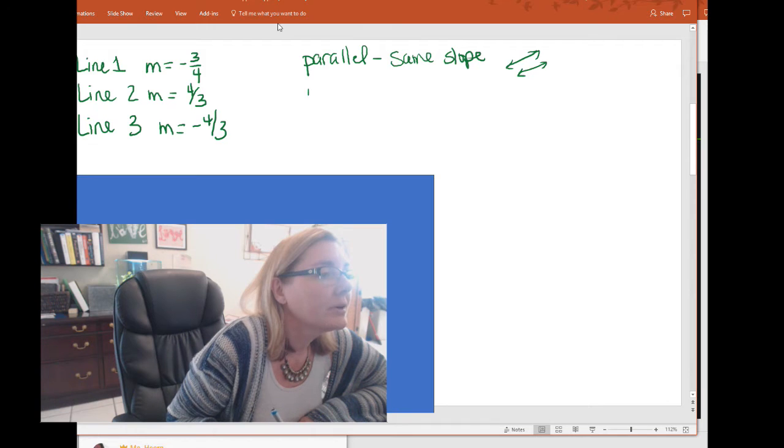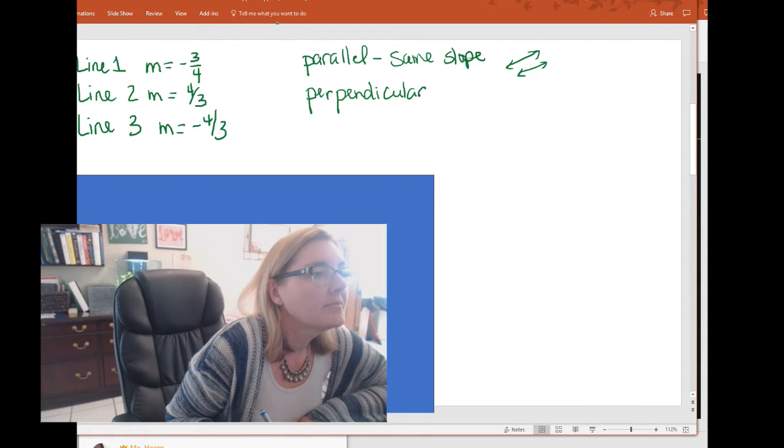How about perpendicular? Perpendicular is a little bit trickier. Perpendicular means they meet at a right angle, and when that happens is when the slopes are what I call opposite reciprocals.